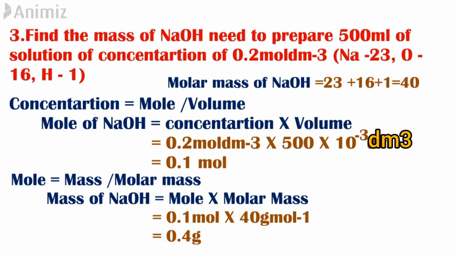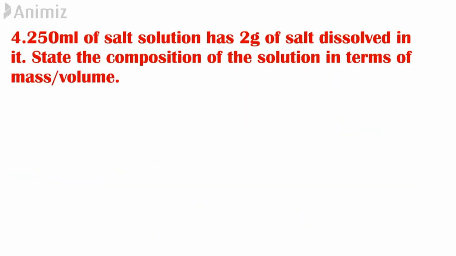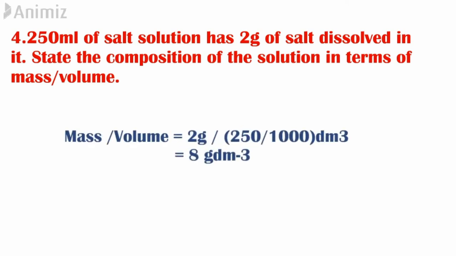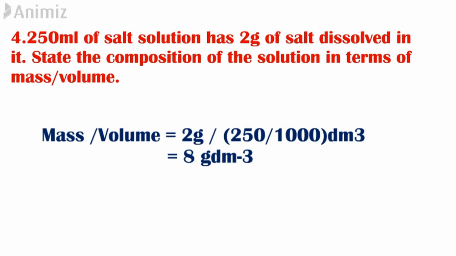Then the next question is, 250 ml of salt solution has 2 gram of salt dissolved in it. State the composition of the solution in terms of mass over volume. So this is a very simple question. What you have to find is mass over volume. You know the mass of salt which is dissolved in the salt solution, and the volume they have given as 250 ml.